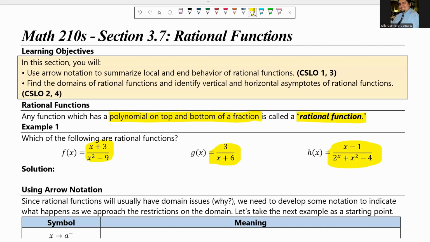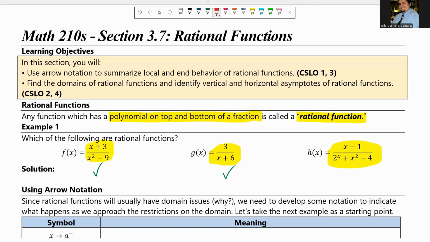So if you can see, this one is one of the run-of-the-mill polynomials that you'll encounter, right? Notice at the top and the bottom are polynomials. This one also counts. 3 is just a number. However, it is a polynomial, right? It just doesn't have all the stuff up in front of it, okay? And the x plus 6, obviously, that's a polynomial, right?